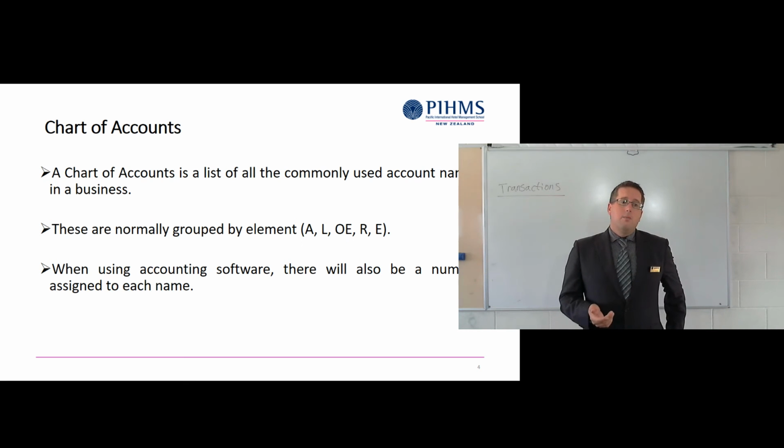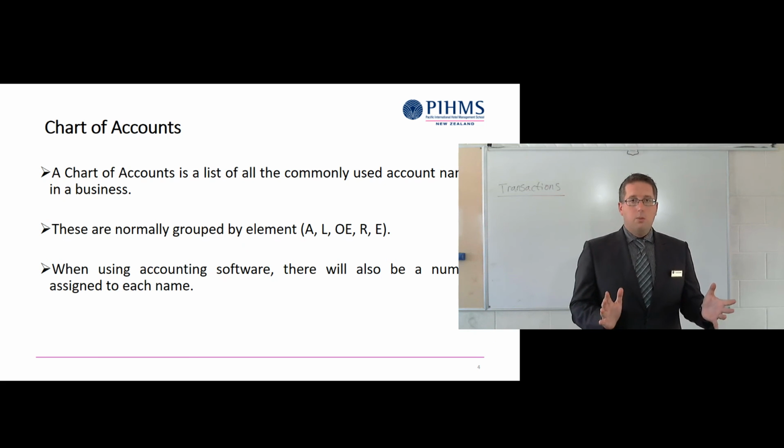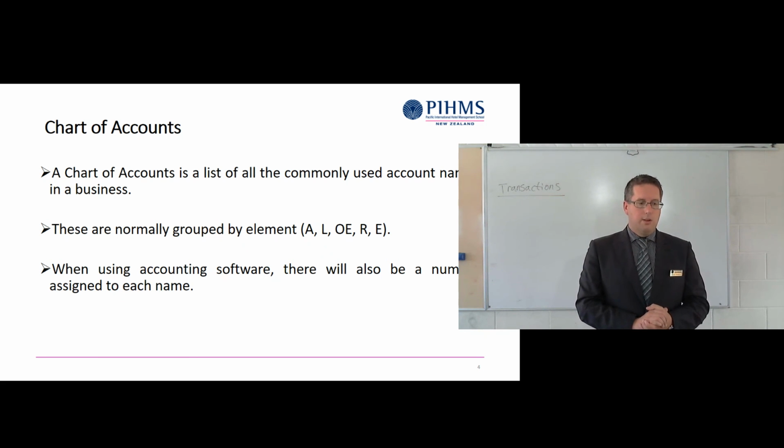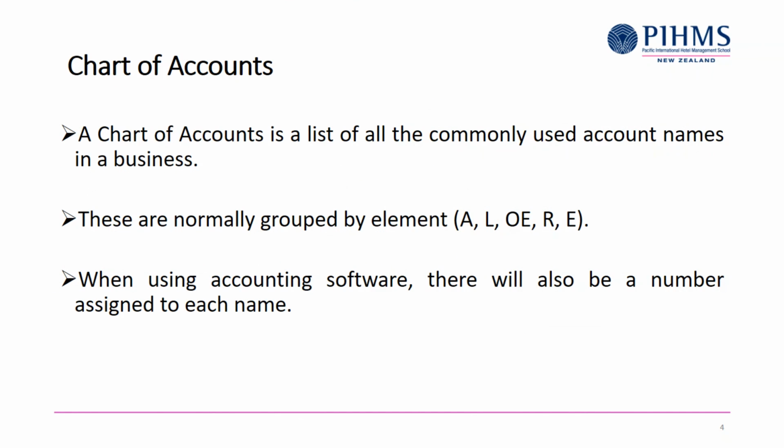Here, they also assign a number to each name. The number just helps to clarify which account is which, which is very helpful in the world of accounting. We don't need to go there; we can just write the account name itself. We're not getting into numbers at all, but that's how it works in the field of accounting.